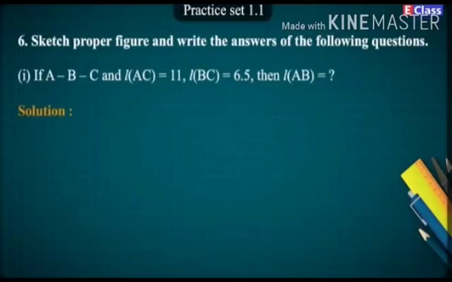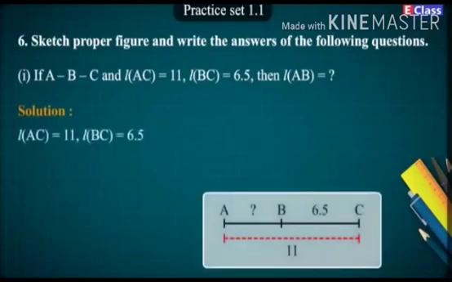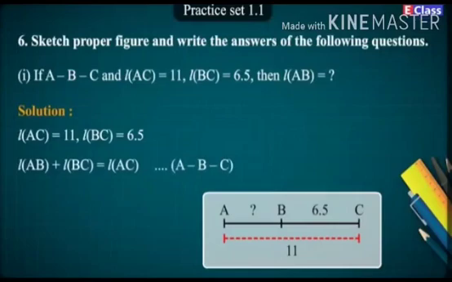Solution: length of AC is equal to 11. Length of BC is equal to 6.5. Length of AB plus length of BC is equal to length of AC, as A-B-C.